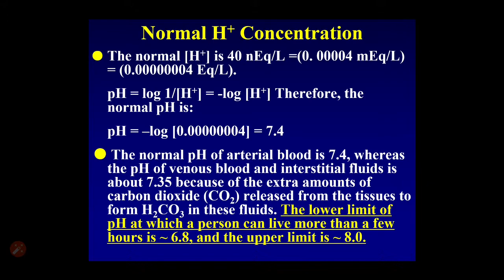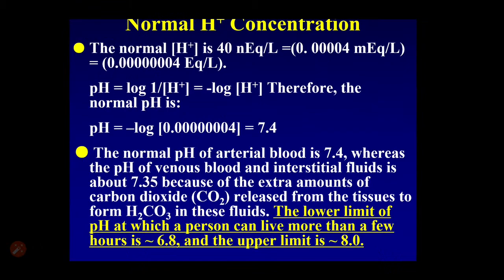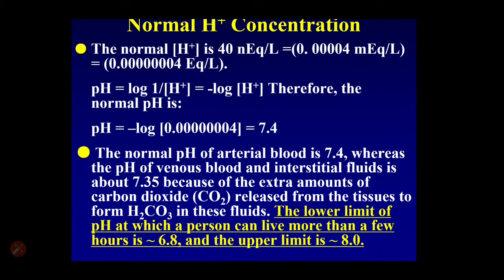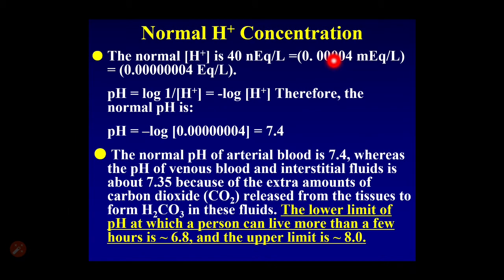The normal H plus concentration again is 40 nanoequivalents per liter, or 0.00004 milliequivalents per liter. If you change that to equivalents per liter, it's 7 zeros and 4. Now the pH is defined as log of 1 over the concentration of H plus, which is equal to minus log of the concentration of H plus.